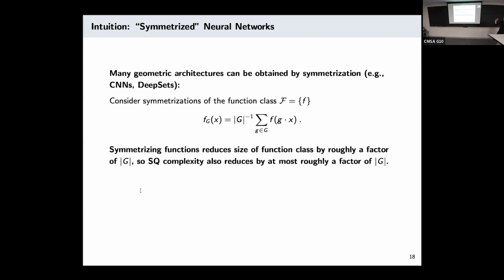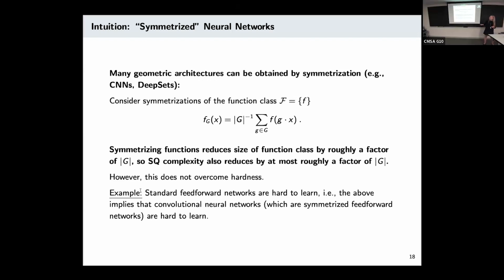So we take a geometry agnostic function class, if you like, and then we apply the symmetrization, and that gives us the symmetric function class. In this kind of setting, you can probably imagine how one can derive this vector reduction. That's quite easy to see with this perspective of symmetrization. And then that it doesn't overcome hardness.